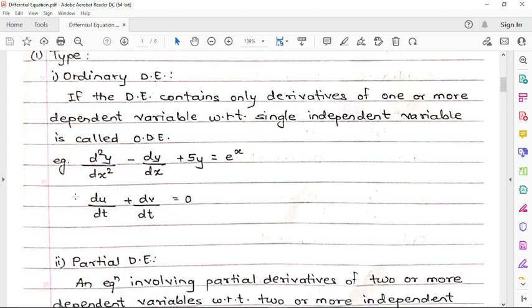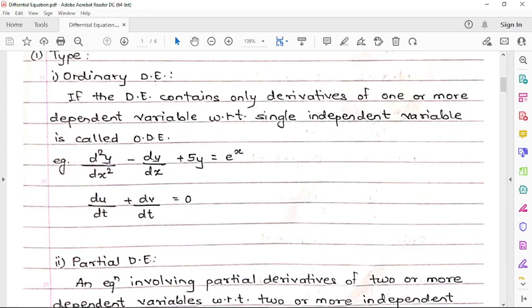Okay, so see the first equation carefully. This is a differential equation and we call it an ordinary differential equation. Why? I am just reading this equation: d square y by dx square minus dy by dx plus 5y is equal to e raised to x. So here which is the dependent variable?